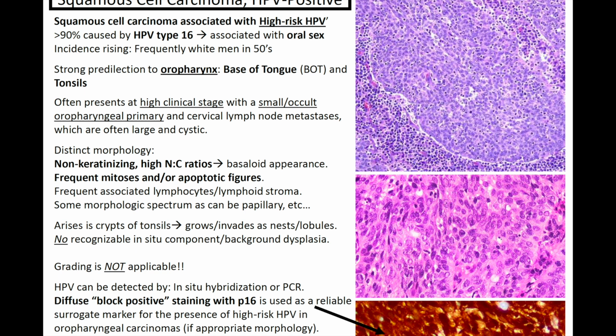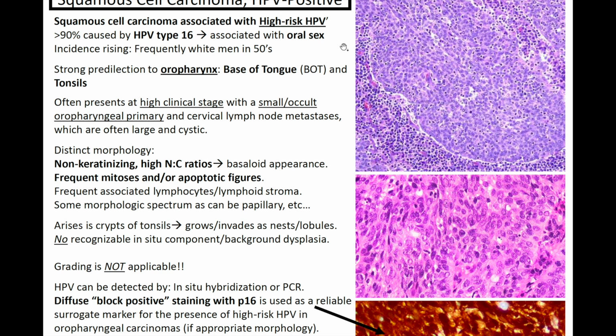Within the HPV category, we have squamous cell carcinoma, HPV-positive, which is squamous cell carcinoma associated with high-risk HPV. Over 90% are caused by HPV type 16, associated with oral sex, and the incidence is rising, frequently in white men in their 50s, with a strong predilection to the oropharynx, the base of the tongue, and tonsils.